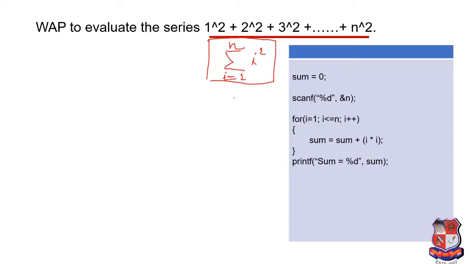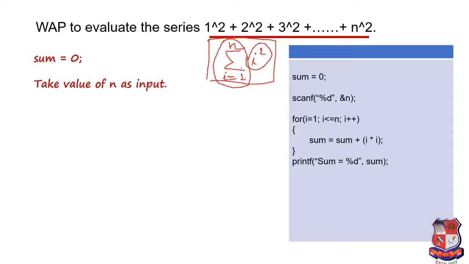To reach from 1 up to n, we have to use a loop. In each iteration of the loop we have a different value of i, and then we do the summation through this equation, that is i square. We start by taking a variable sum, in which our final answer will be stored, and we initialize this variable with 0.